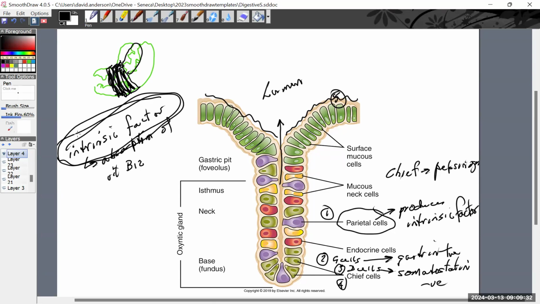We recognize multiple factors that are going to be affected. You can appreciate that if histamine stimulates parietal cell functions, what's a medication that a lot of us have taken at different times in our lives? An antihistamine. So antihistamines might be effective at dealing with an allergic reaction or an allergic response, for example.